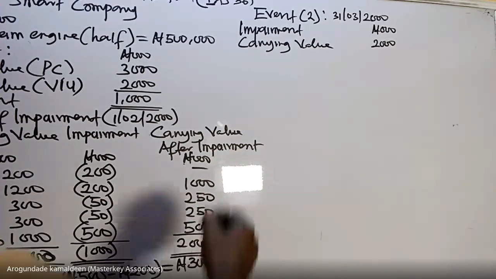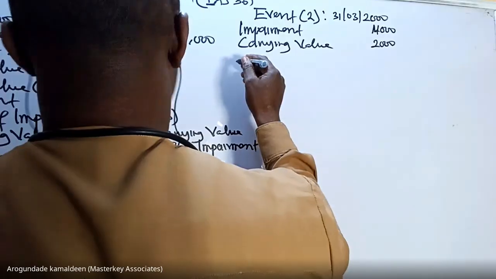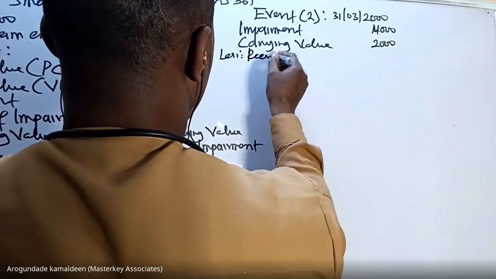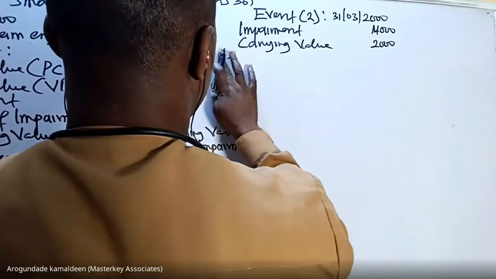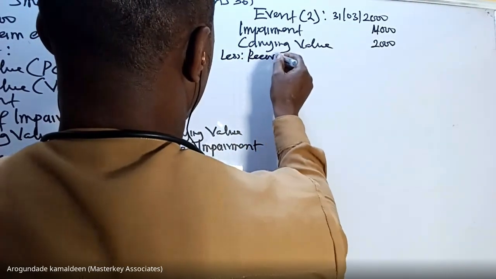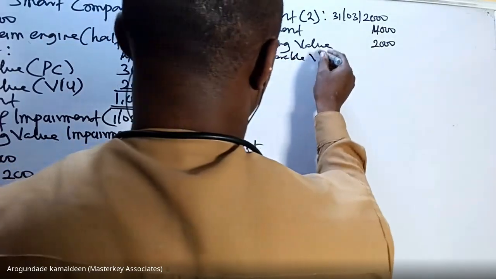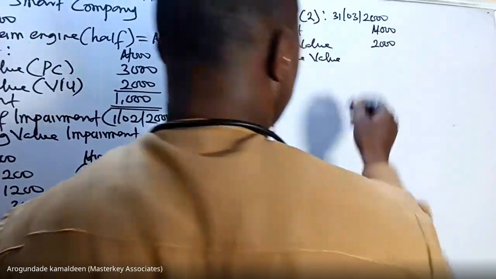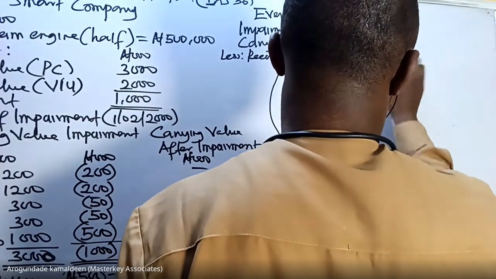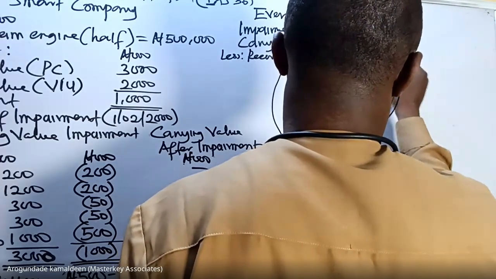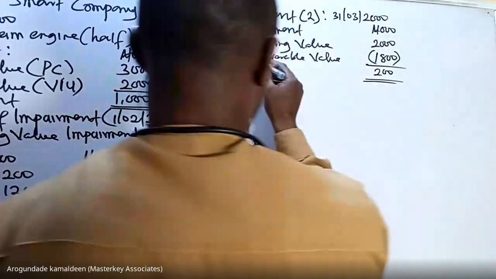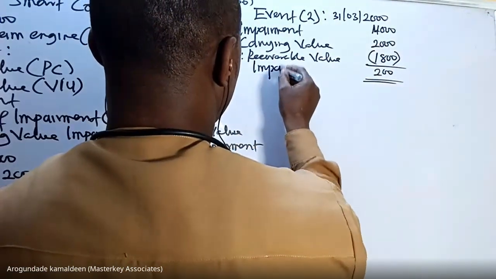So, less recoverable amount, which is the value in use, 1.8. 200,000 another impairment.